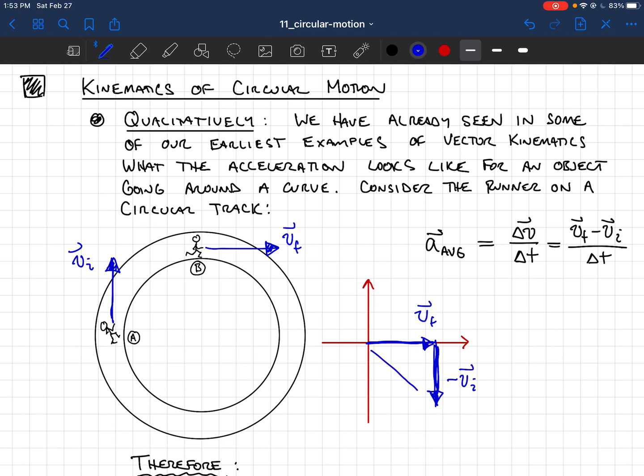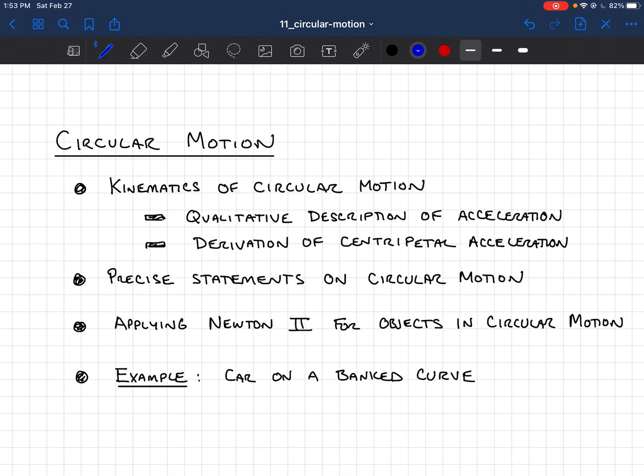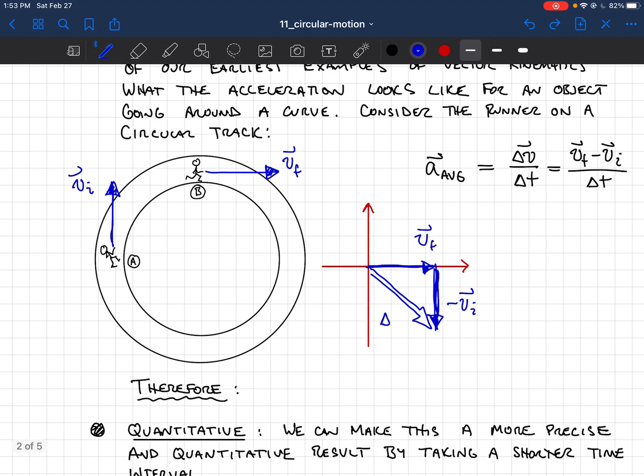Then the delta v vector, the resultant of that, will point downward and to the right in this way. That's our delta v vector. And because of this equation, the equation for the average acceleration, the delta v vector points the same way as the acceleration. And so I could say that over this time interval from A to B, there's an acceleration vector that points in this direction.